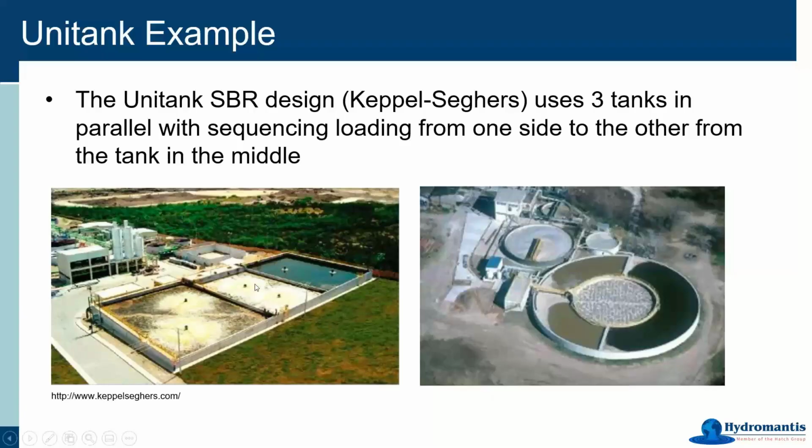So it requires a fair bit of sequencing and control of these systems to allow them to flip back and forth and to make sure all your flow splitting goes the right way around. Basically, as this one has finished its react phase, it will go into settling phase, and then the flow that's coming into the middle and going this way would flip over and go that way, and then the effluent would be taken from decanting off the other side.